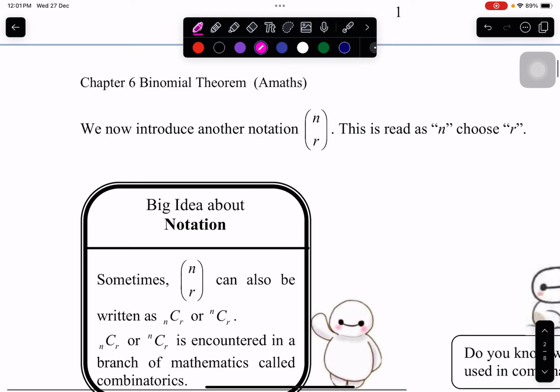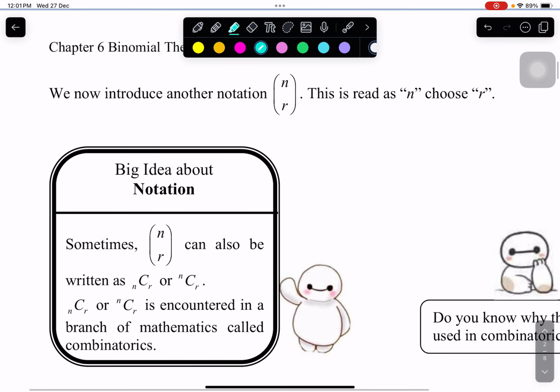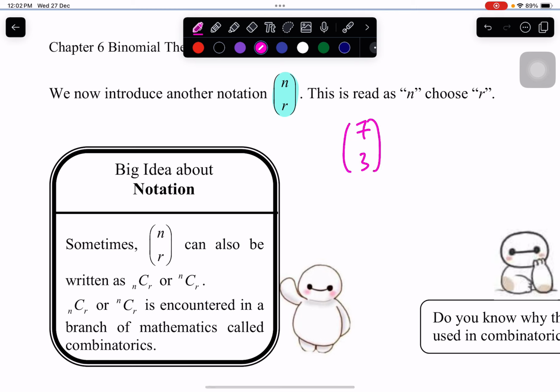Now let's look at the next part over here. The next concept looks like this. We read this as n choose r. If I have 7 on the top and 3 at the bottom, I will read this as 7 choose 3.